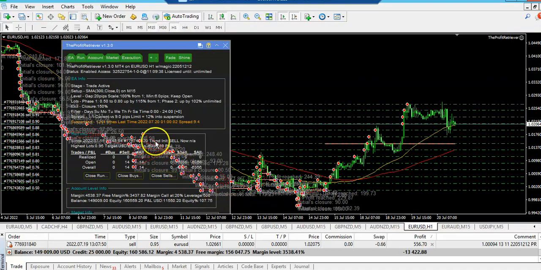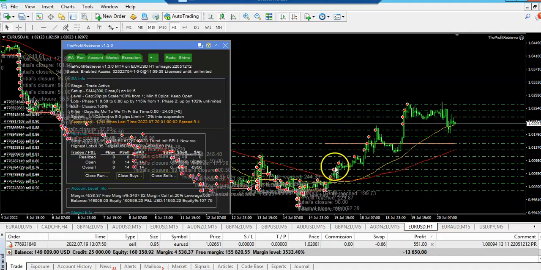You can see it was trading in the right direction. All the reds are sells and it was going the right direction, so every time it was cashing in, you can see the grid. I've set it at 20 pips, and so every 20 pips it will open up a new position.